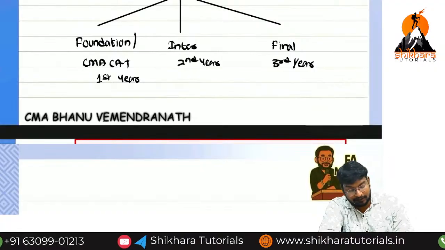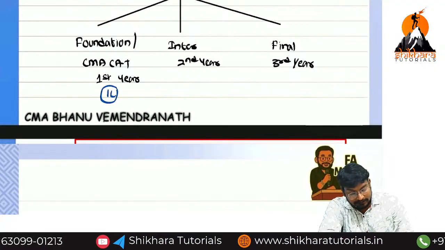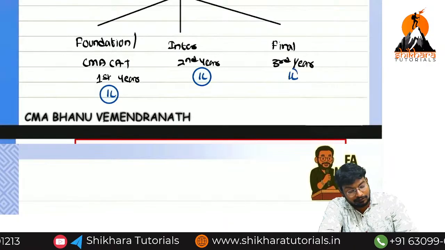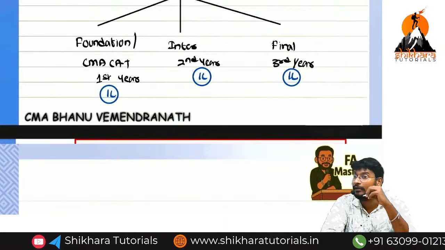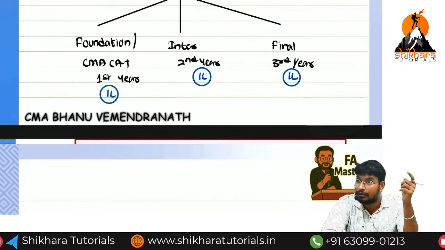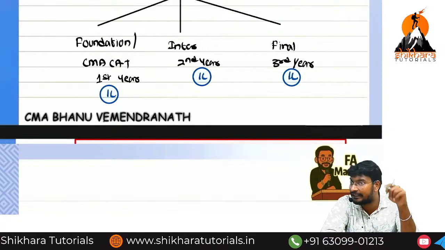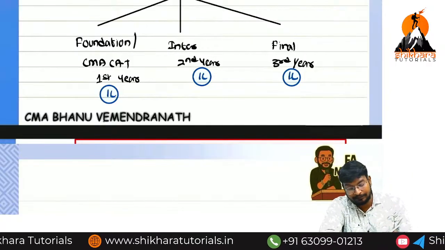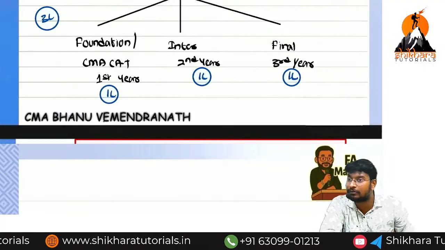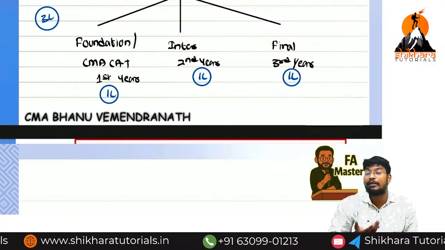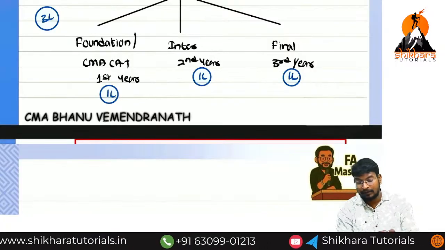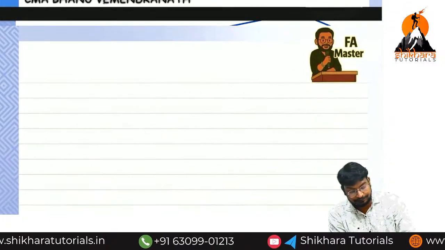But 1 lakh belongs to foundation, 1 lakh belongs to inter, and 1 lakh belongs to final. We are going to receive the total amount in the first year itself. That means in this 3 lakhs, 1 lakh belongs to the current year, and the remaining 2 lakhs belongs to the next upcoming years.